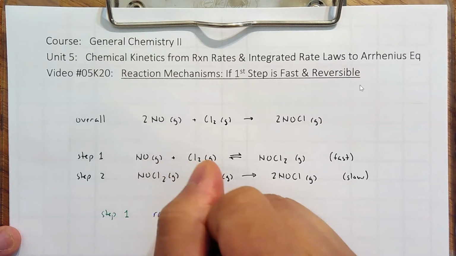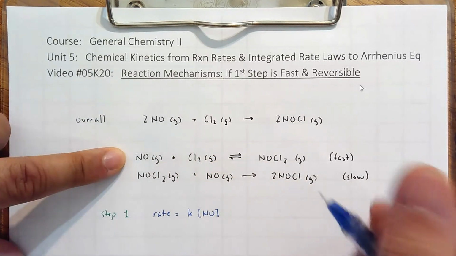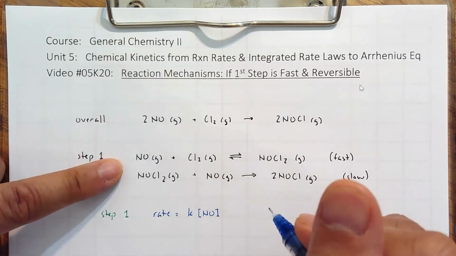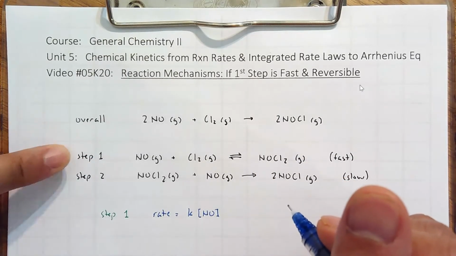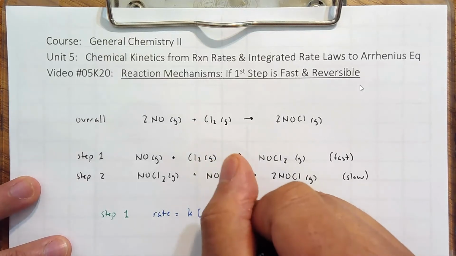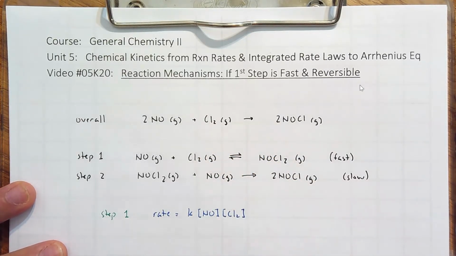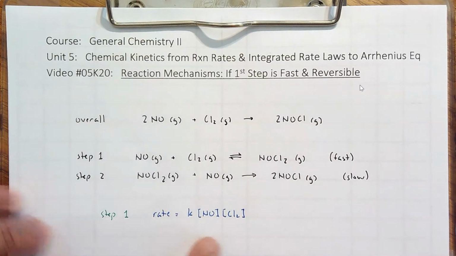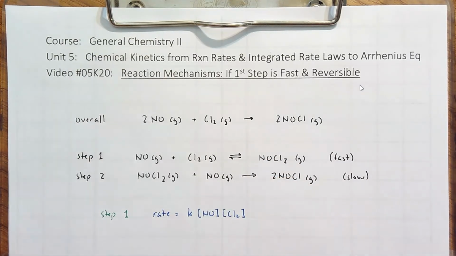Rate equals k times the concentration of NO raised to the power of 1. So you do use the coefficients for the, what are these called again? These are elementary reactions. Times the concentration of Cl2. But that's the fast step. Yep, that's the fast step.